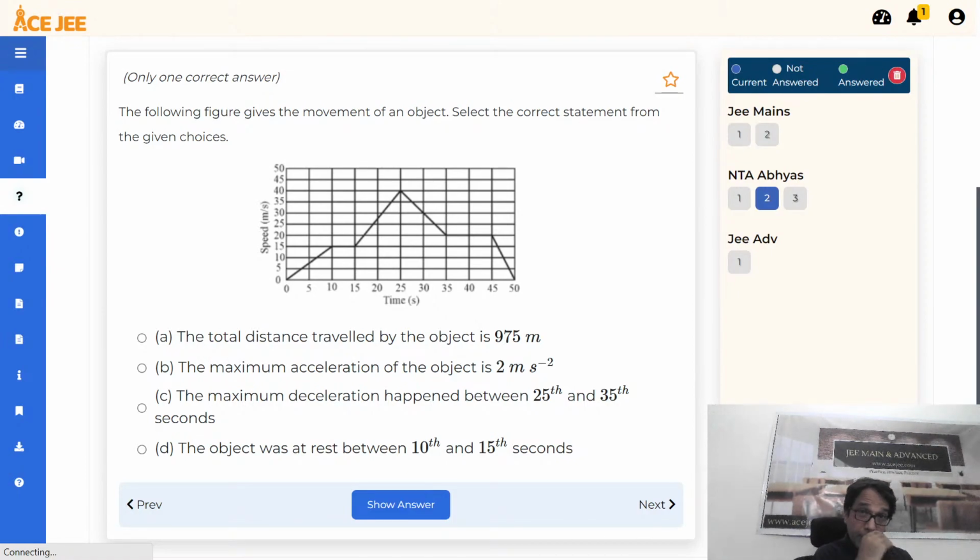For the folks on YouTube, for the four options, you'll have to figure out the acceleration, the maximum deceleration, and the total distance traveled, and also tell whether the object was at rest between the 10th and the 15th second.